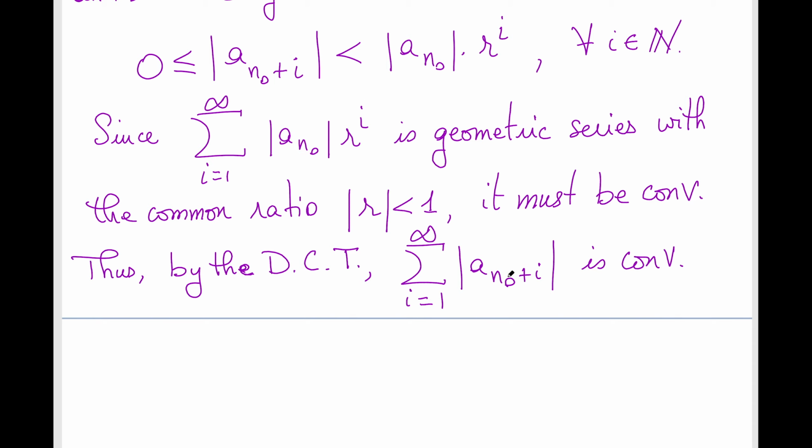Because its terms, these are the terms, are positive, not negative. Again, you can throw the zeros away and just retain the positive ones. So I have positive terms of this series, and they're all dominated by terms of another series which is convergent. So this is certainly a convergent series by the direct comparison test.